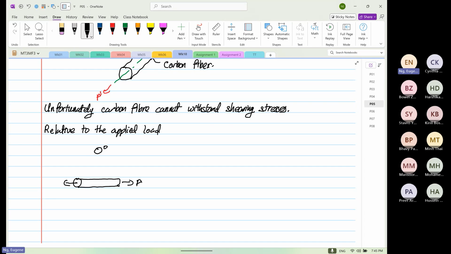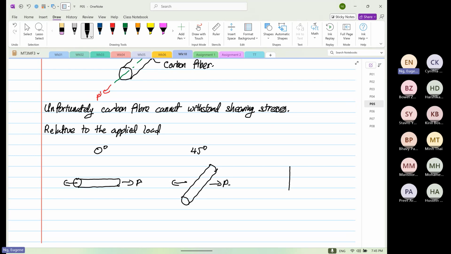And then if we tilt it in a certain angle, I call this 45 degrees. The load is still in this direction.